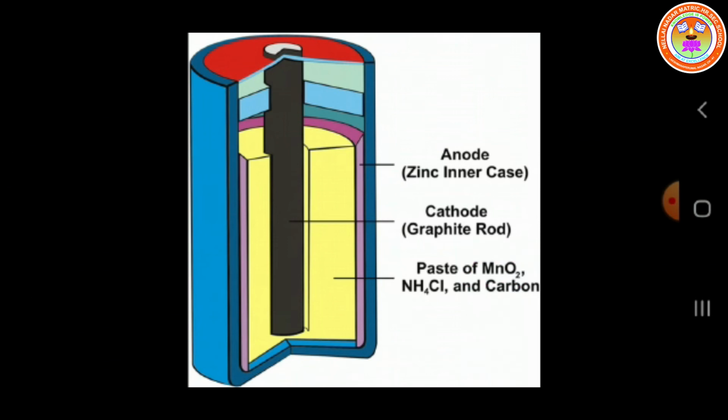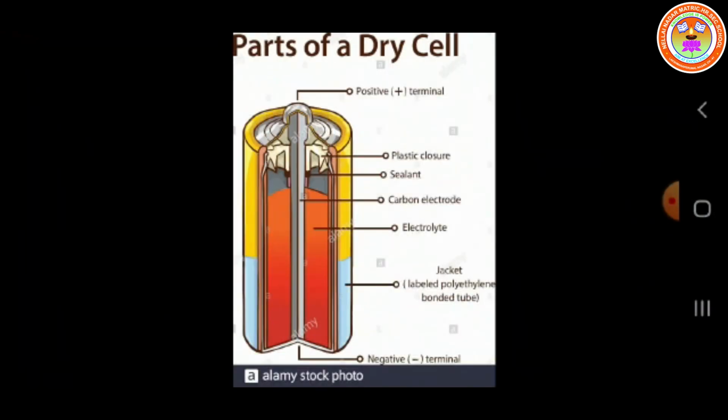The zinc vessel is sealed at the top with pitch or shellac. A small hole is provided in it to allow the gases formed by the chemical action to escape. The chemical action inside the cell is the same as in Leclanche cell.